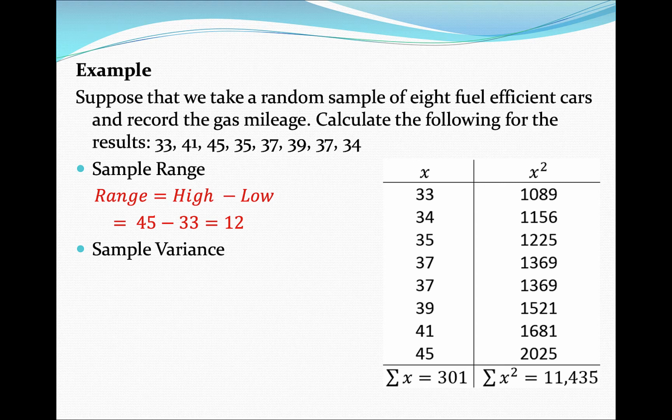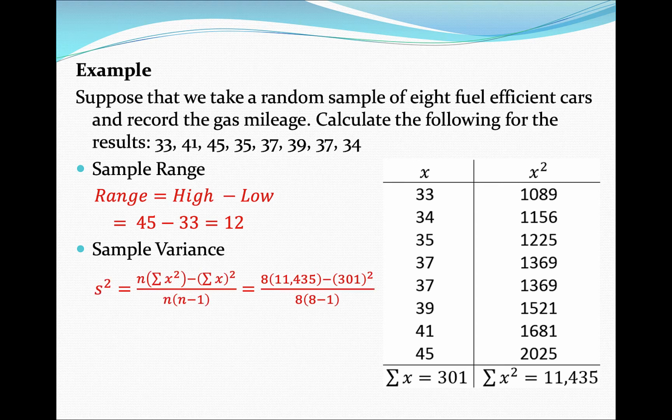But as I mentioned when we talked about sums, lots of times when you calculate statistics, you need also the sum of the x squareds. And this is the first time that you really see that. But in order to calculate variance, you need two different sums. You need the sum of the x's, but you also need the sum of the x squared. So you got to have both of those quantities to calculate variance.